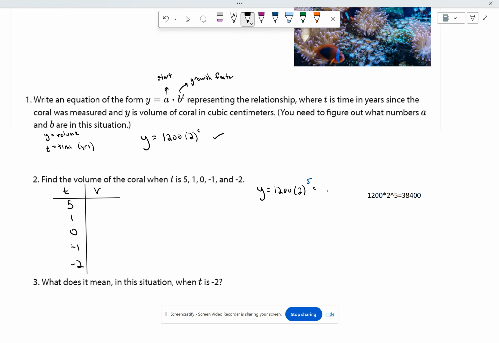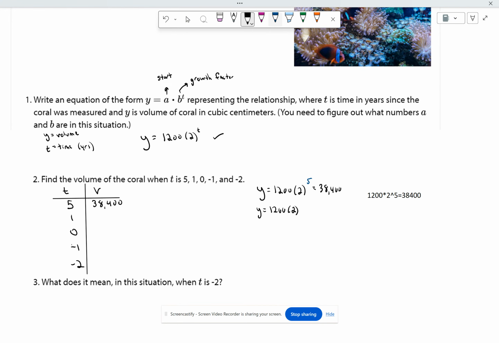Yeah, 30,400 cubic centimeters. So what that means is 5 years after the biologist measured the coral, the volume of the structure is now 30,400, where it was only 1,200 to start with, which is a big change. And then when t is 1, that's asking us what is the volume of the coral 1 year later.